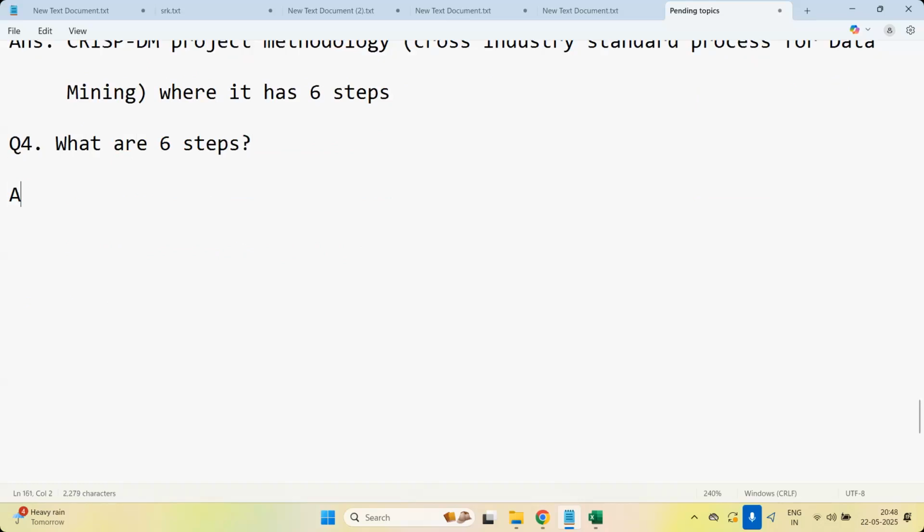Now you are going to give the answer. The 6 steps include the business problem, data exploration, data cleaning, data understanding, data analysis, and data visualization along with the presentation. You are going to say the 6 steps. And recently I have implemented a project.